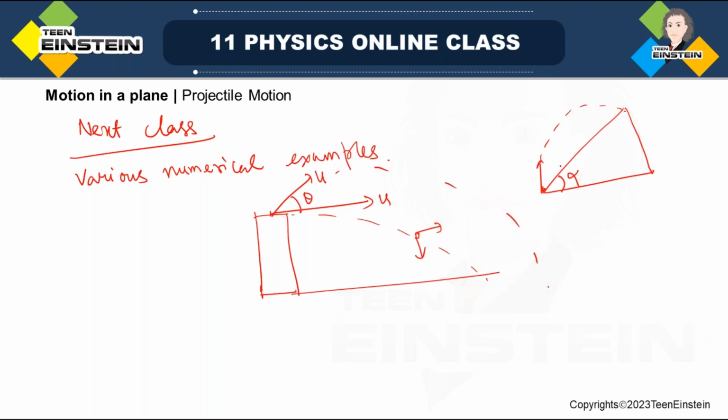What will be the range, all the things we'll be discussing in case of the inclined plane. So projectile motion in an inclined plane, and projectile motion when the projectiles are projected from a certain height in the horizontal direction or in an oblique direction. So these are the main focus in the next class. These are very, very important to solve various numerical problems.